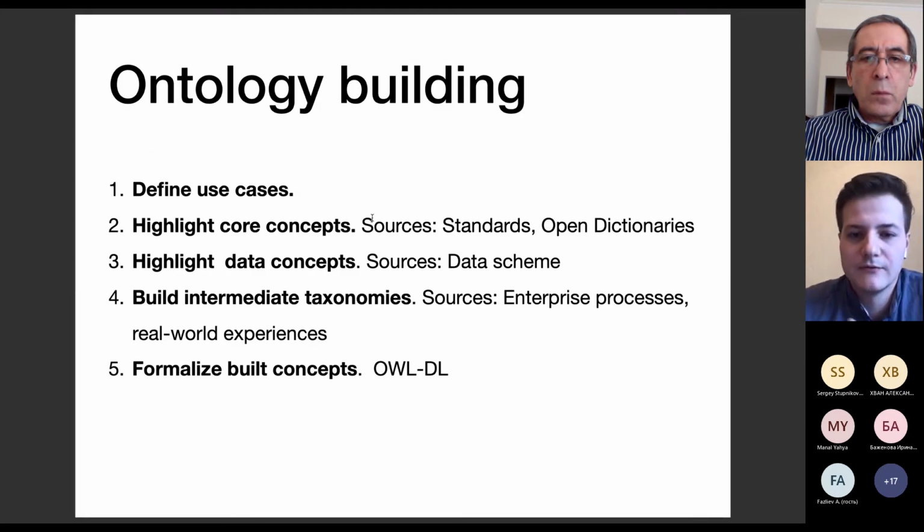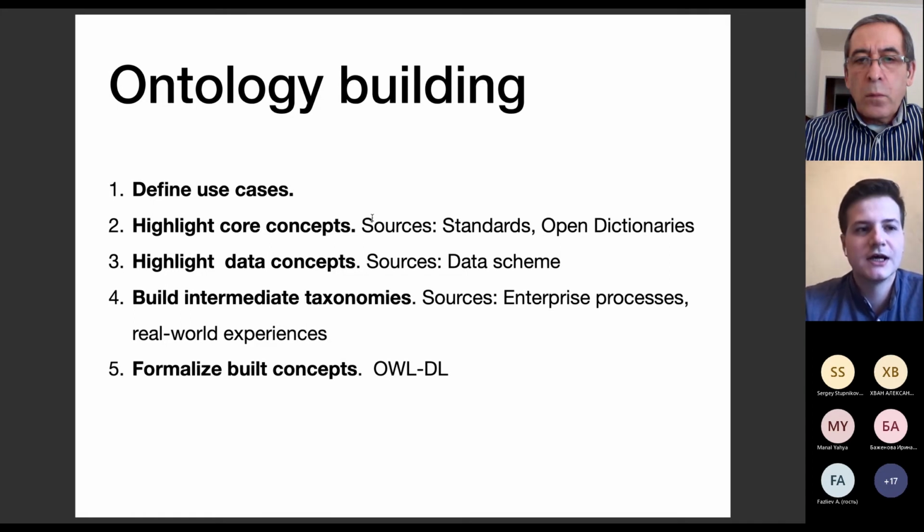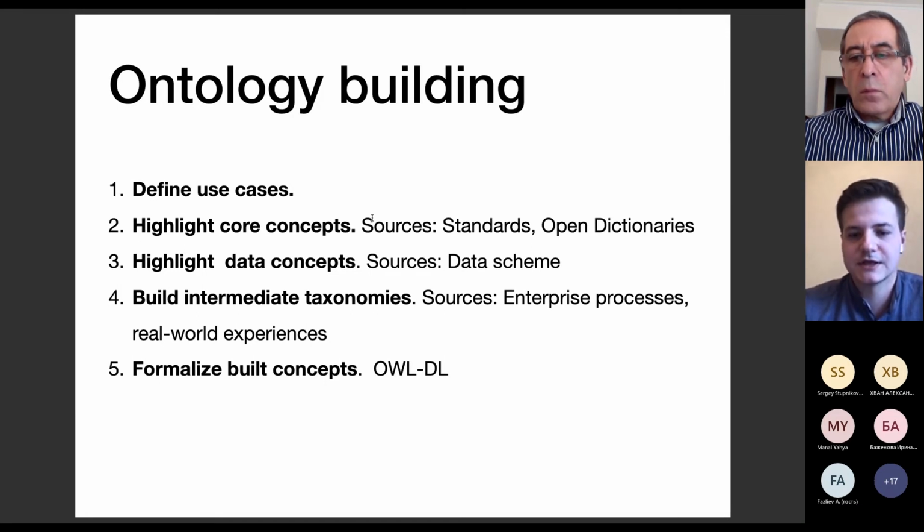Okay, we developed our ontology manually, and our approach to build it consists of 5 stages. First, we define use cases, including competency questions, of course. Then we highlight some basic concepts from standards and open dictionaries, which are commonly used. Then we highlight some low-level concepts, representing the data from data schemes of given sensors, for example.